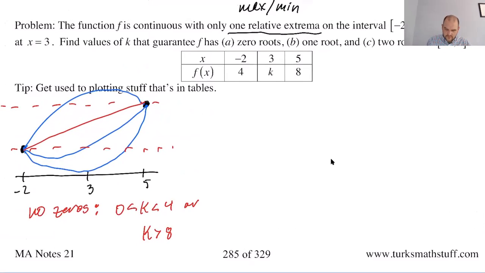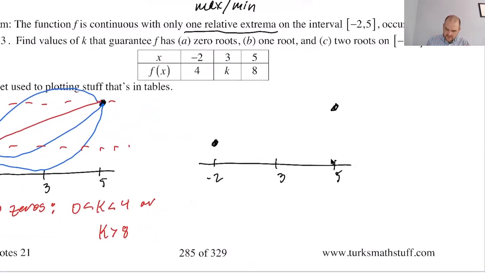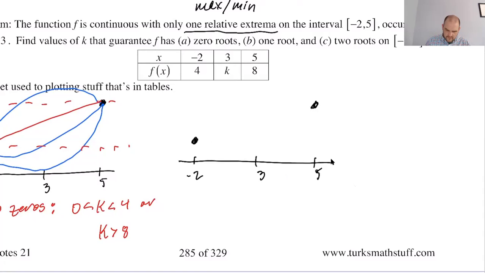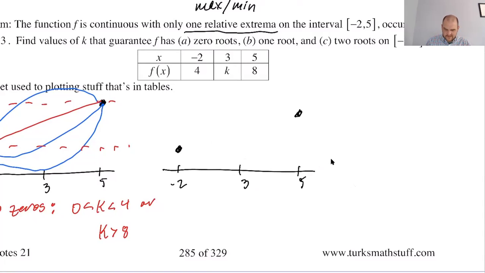All right, 1 root. I'm confident in this one. So for only 1 root, -2, 3, 5. You're up here. You're down here. Am I gonna have enough space? Being really aggressive with how much space I'm giving this. Hold on. Let's move you over. Okay, that's better. All right, so if I'm gonna have exactly 1, there's actually only one option for this.